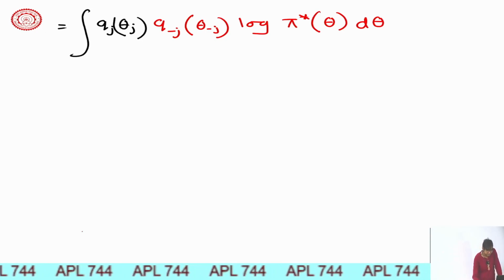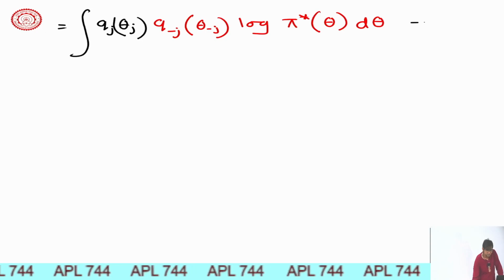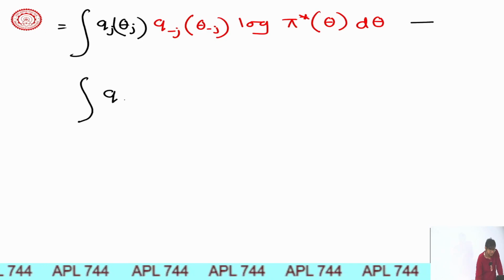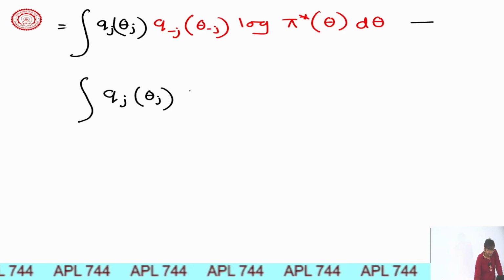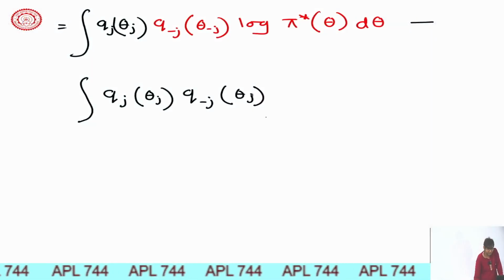What is the second term? Minus the integration of qj theta j, q of minus j theta minus j, and then you have log of the product. Log of a product is equal to the summation of logs, correct? So the summation I will bring outside.